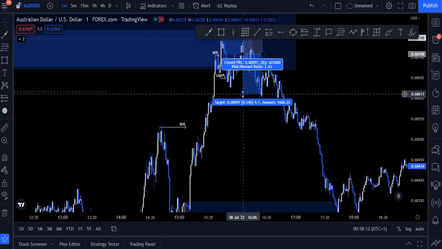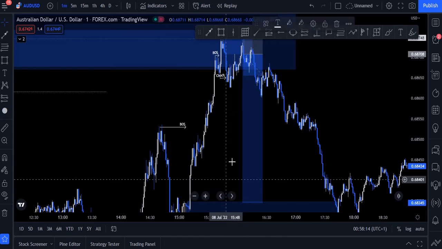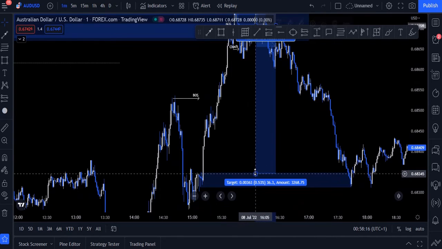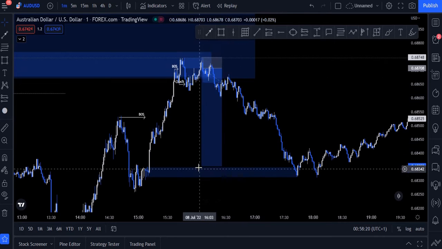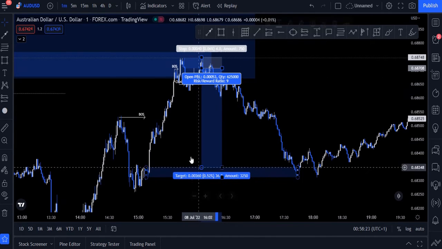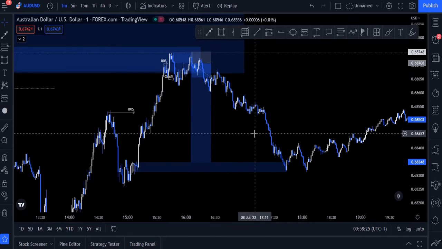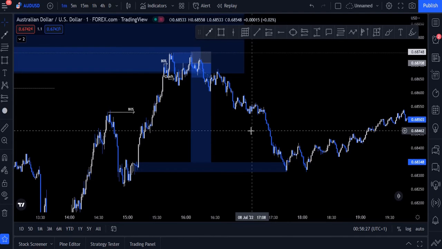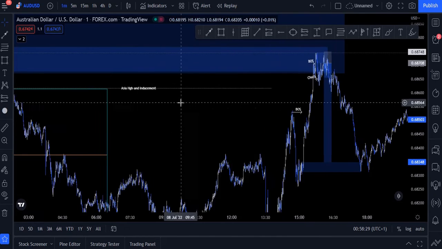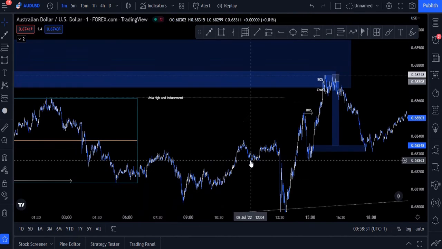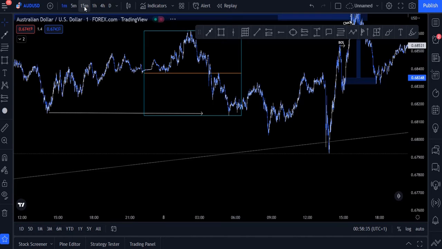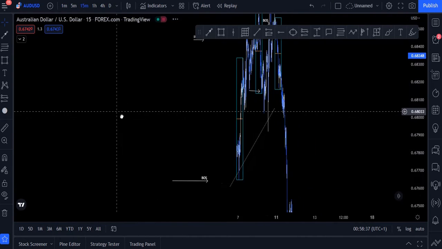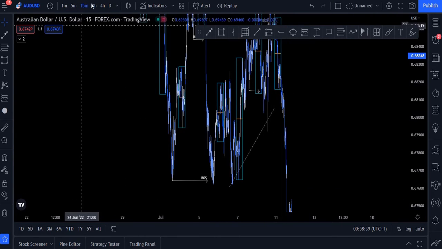So this was my first target here. You can see it's 1 to 9. So at this point I took out just 30% of the trade, because I was very confident that after price liquidates this, it will go very low to take out this whole liquidity we're building up here.